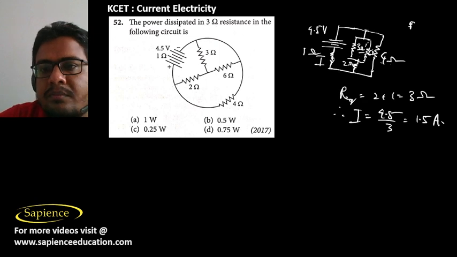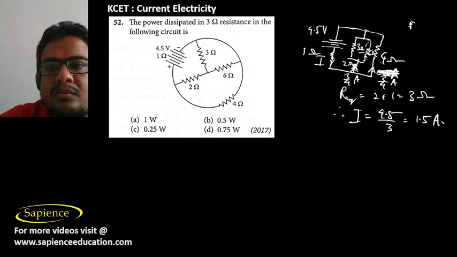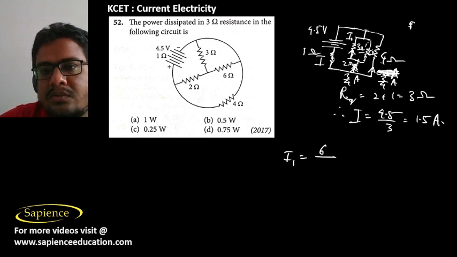This 1.5 ampere goes through equivalent resistances 4 and 4, so the same current splits: here 3 by 4 ampere, here also 3 by 4 ampere flows. So the current that will flow through the 3 ohm resistance, I1 suppose, will be equal to 6 ohm divided by 6 plus 3 times this current, which is 3 by 4.